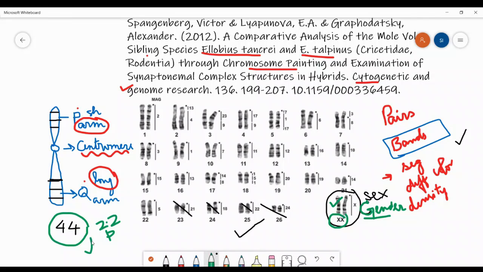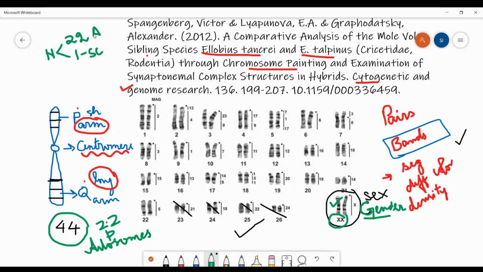So autosomes and sex chromosomes. Okay. So humans have 22 pairs of autosomes and one pair of gender determining sex chromosome.